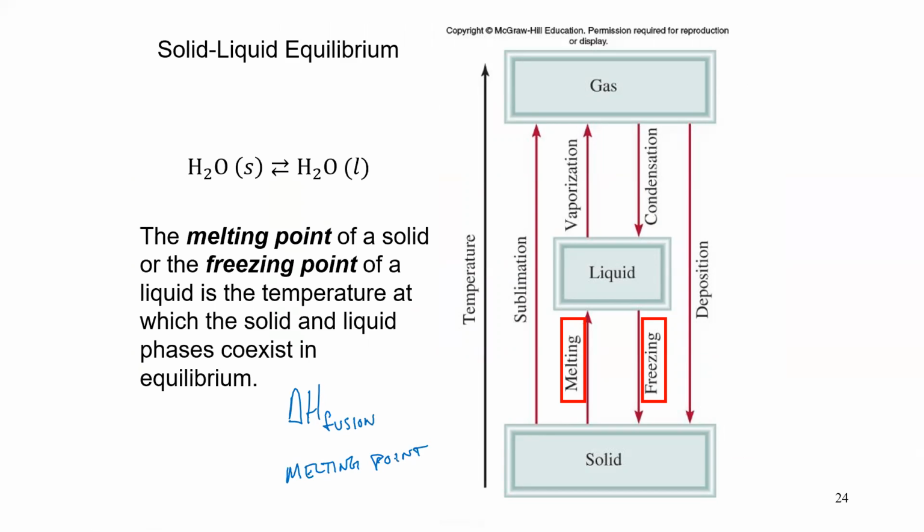Those are the key indicators that we use when we talk about solids and liquids. There's also solids and gases, right? That's delta H sublimation. And there is this deposition temperature, this sublimation temperature that goes along with it. So I'm going to put T sub S there for sublimation. This one is T sub M for the melting point.